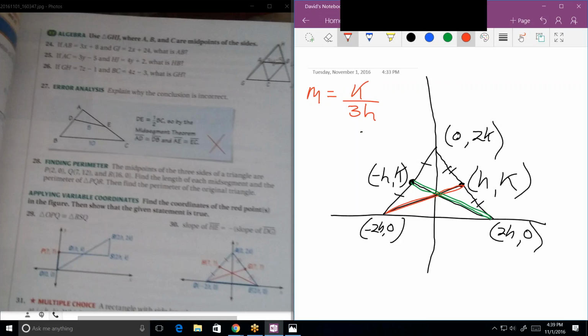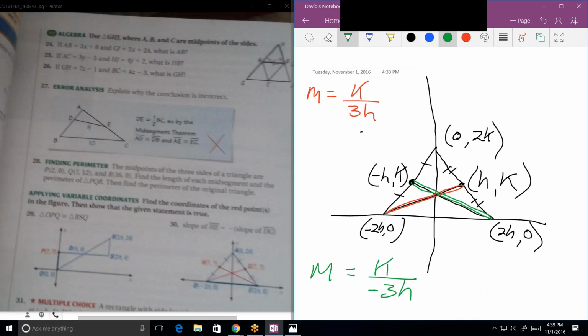And then if I look at the slope of the green line, the rise is k again, but the run is now 2h minus... You got to go in the same direction. So if I'm going to do k minus 0, I got to do minus h minus 2h, which gives me minus 3h.